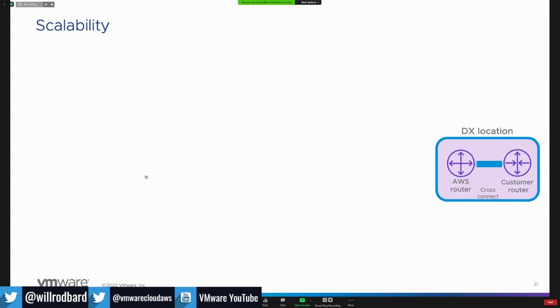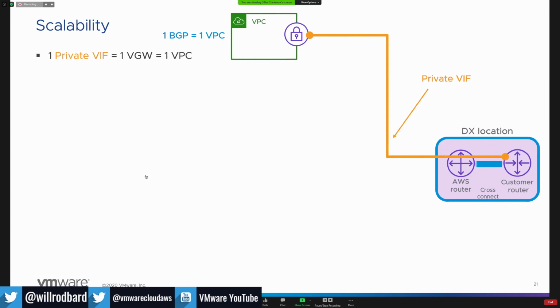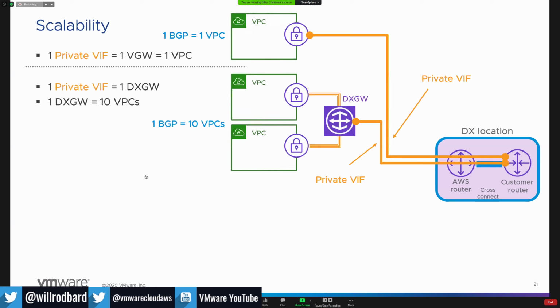In terms of scalability, if I have a private VIF, I have one BGP session. If it goes to a VGW, I have only one VPC. So one BGP to one VPC. That's not very scalable. If I add a direct connect gateway, one private VIF can go to 10 VPCs, a little bit better.